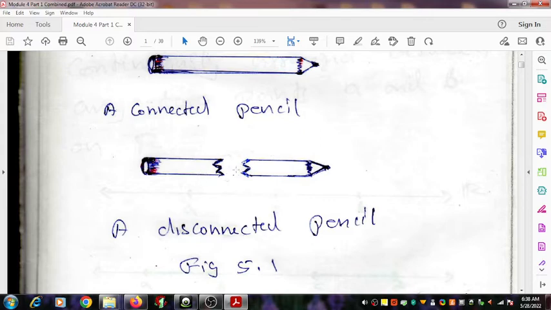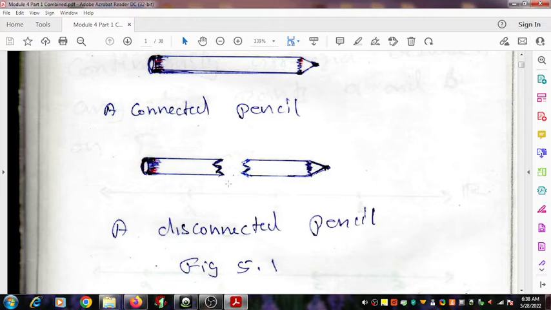And we also know that when you take the two sections together, we get the whole pencil. So you can write A union B equal to the whole thing.